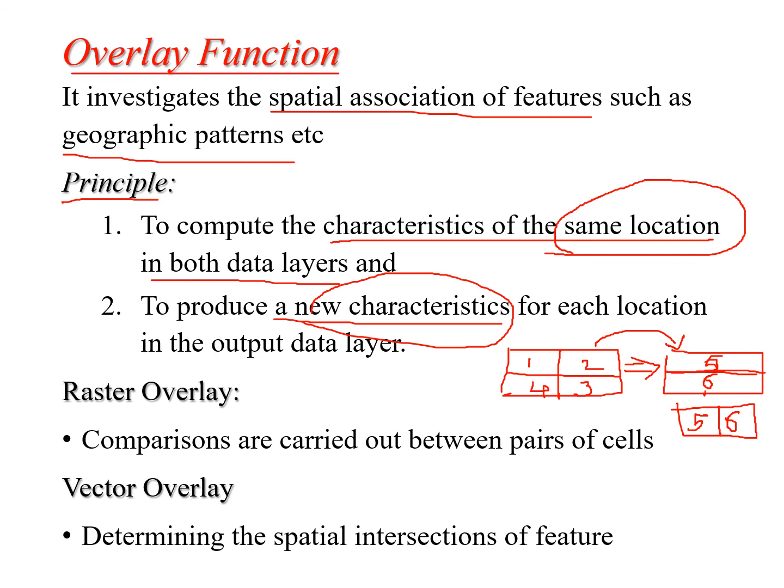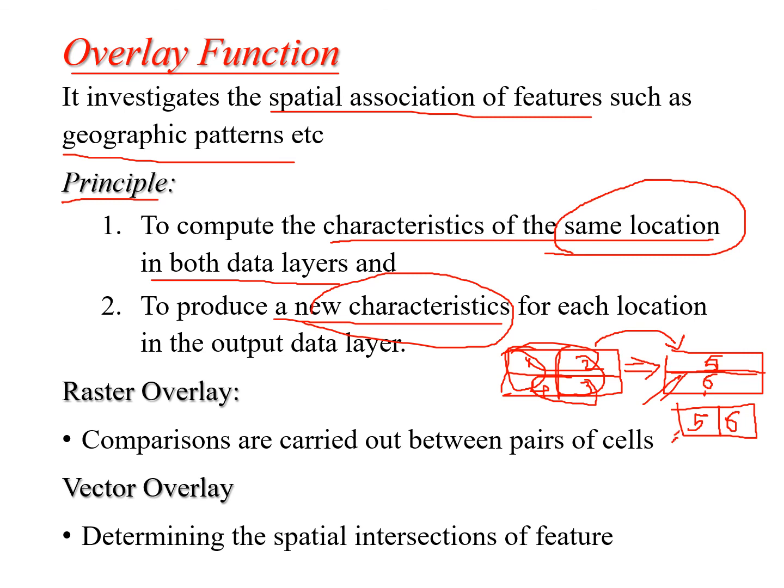For example, one is the urban area, agriculture area, industrial area, like this. You can combine any two together, this and this, or this and this, depending on which new characteristics you are getting.